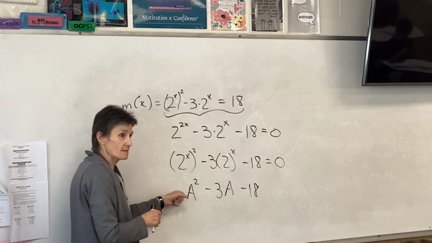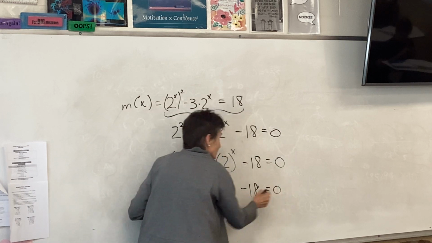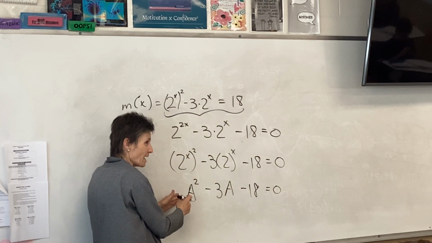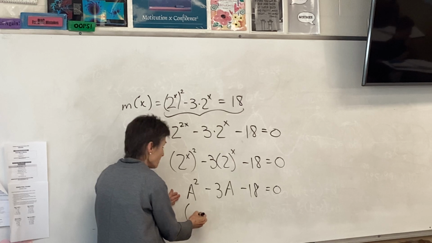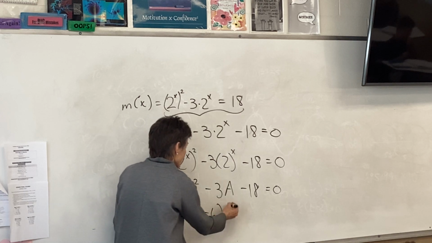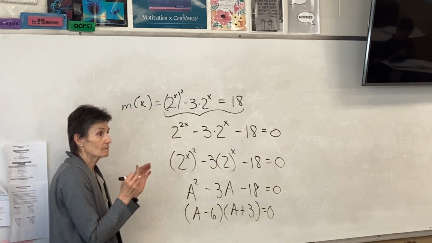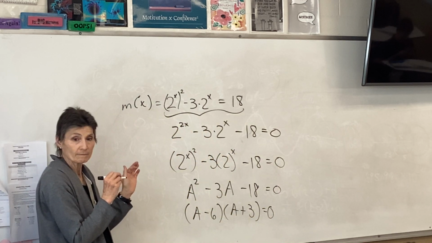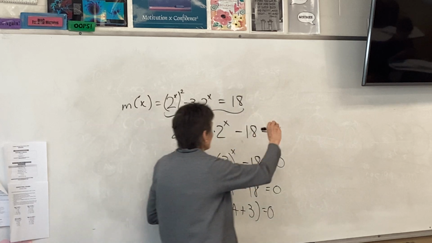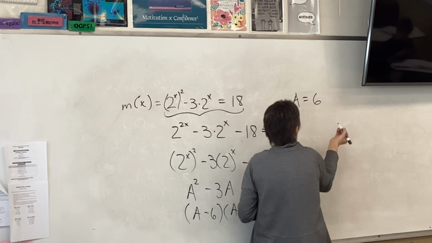If this were your equation, you would not have a problem solving that. What would you do? You would say a minus 6, a plus 3. And so a equals 6 or a equals negative 3.